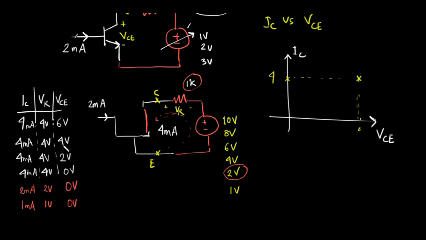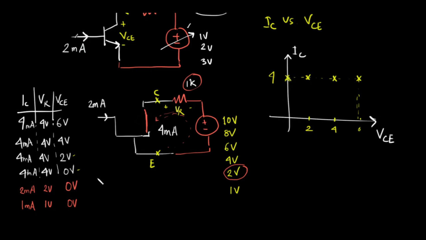If VCE became 4 volt, then IC was still at 4 milliampere. Then VCE came to 2 volt, then IC was still at 4 milliampere. Then VCE came to 0 volt, then IC was still at 4 milliampere.